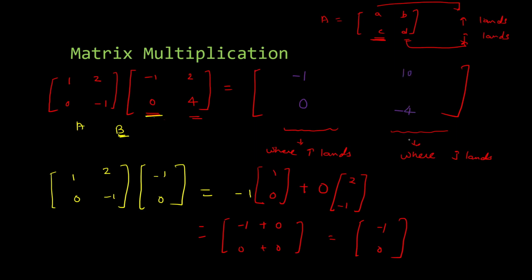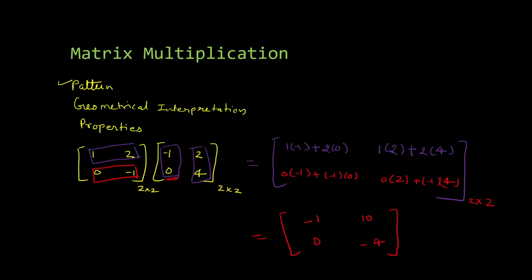So if we use this pattern of matrix multiplication, we get the same matrix which we got earlier. Let me check from the previous slide: -1, 10, 0 and -4. Yes, it is the same matrix, right?